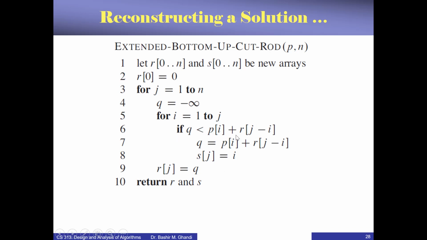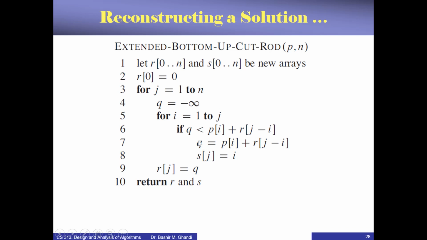After we compute a particular value for the current value of i, if that i turns out to give us a better value than our previous q, then not only do we update the maximum q to be that new value, but we also save this i in our array S at this particular j.